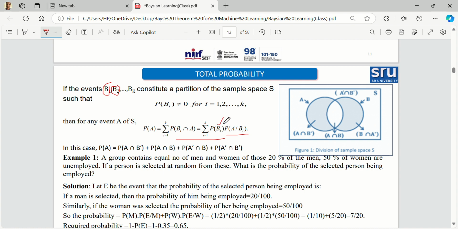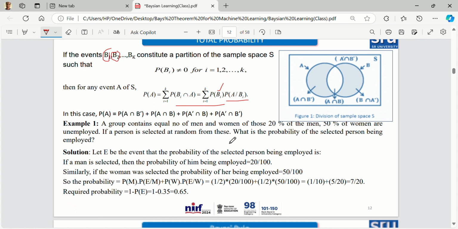Now in this diagram we have A and B. So you get four regions: A intersection B complement, A intersection B, B intersection A complement, A complement intersection B complement. Now if you find A only, what is the probability of A?